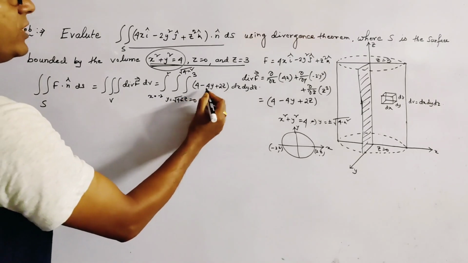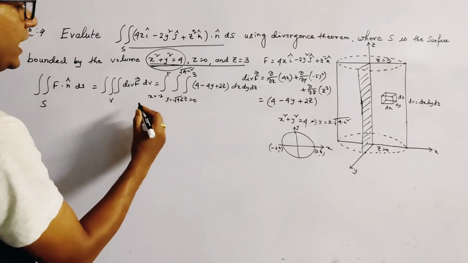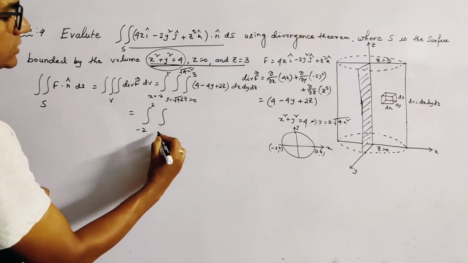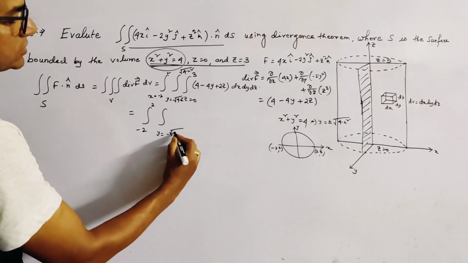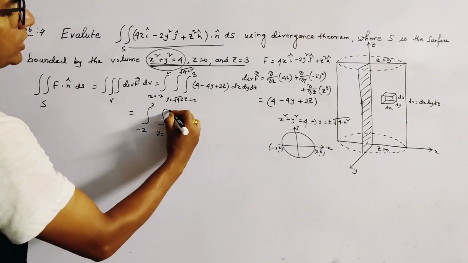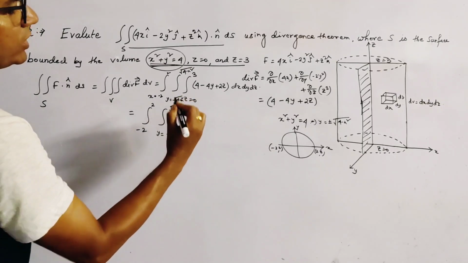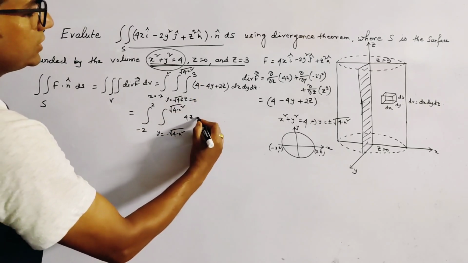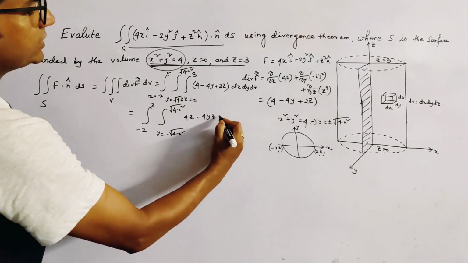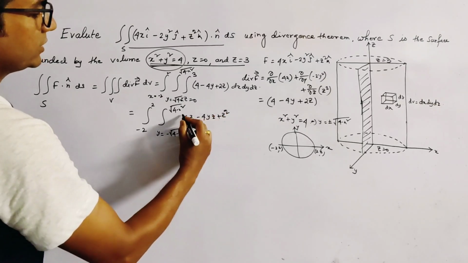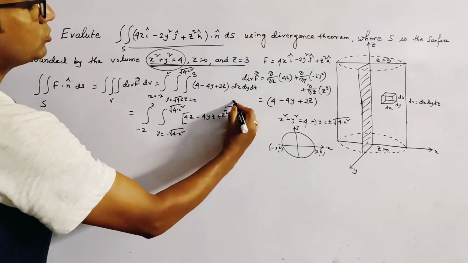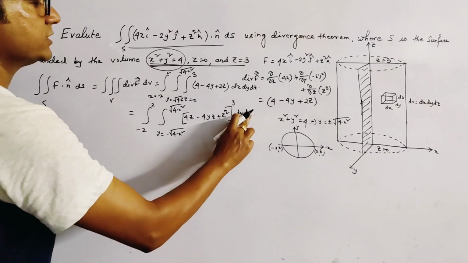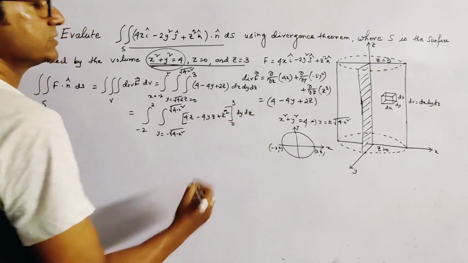Now we integrate first with respect to z. The integral from x equal to minus 2 to 2, y from minus root of 4 minus x² to root of 4 minus x², of 4z minus 4yz plus z², with range 0 to 3, dz dy dx.